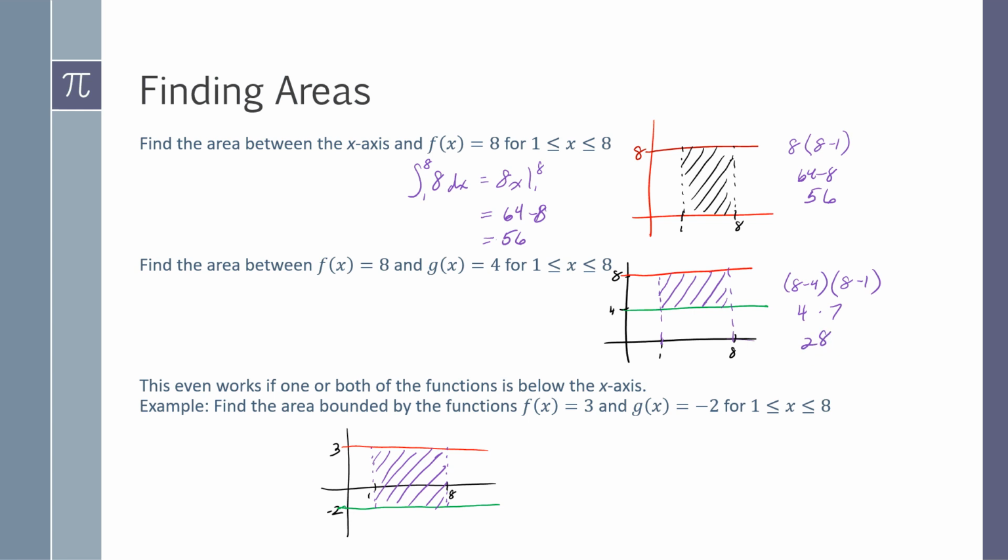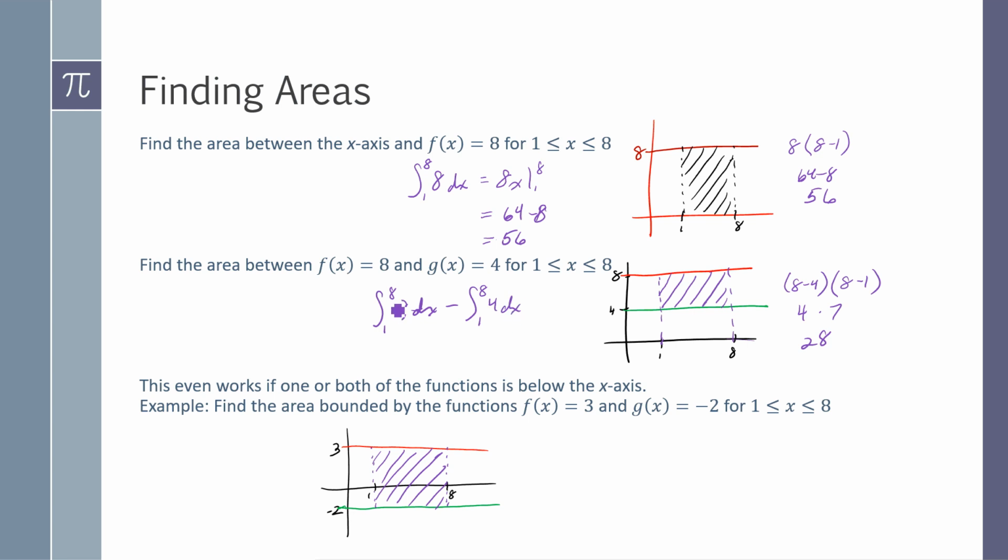In terms of integrals, if I were to do the integral from 1 to 8 of just f, that gives me all the way down to the x-axis, which I don't want, so I need to subtract the integral from 1 to 8 of g.